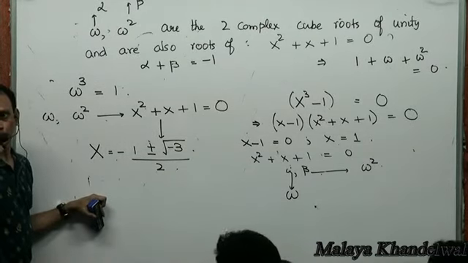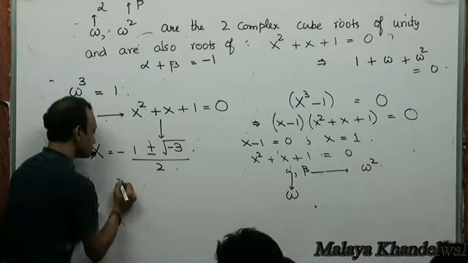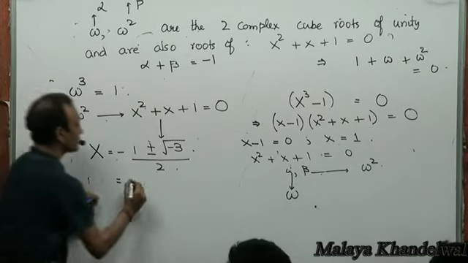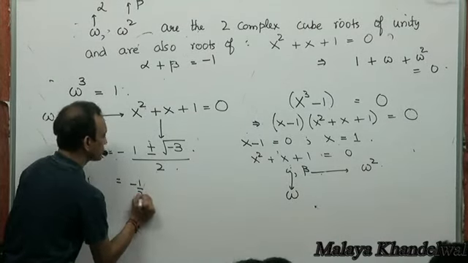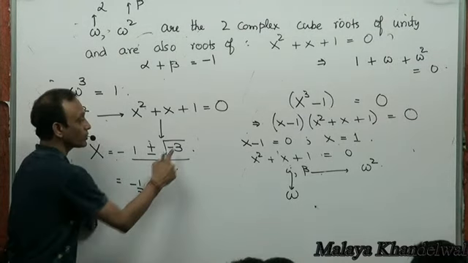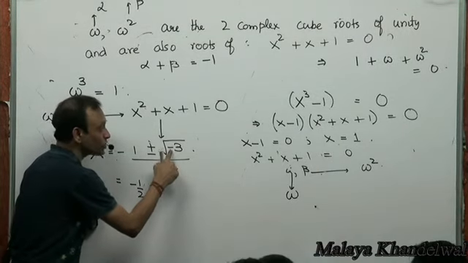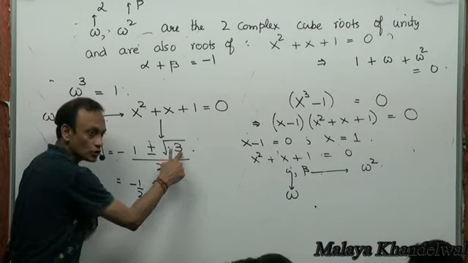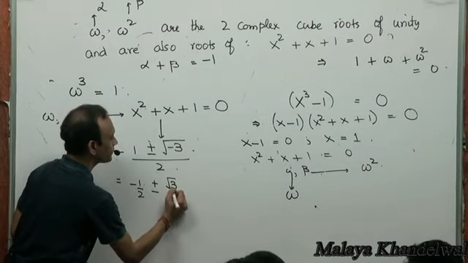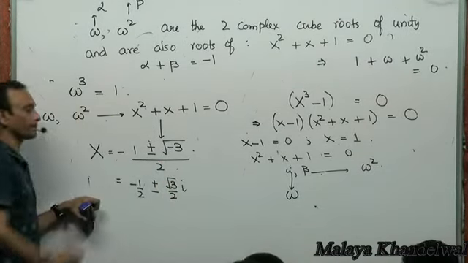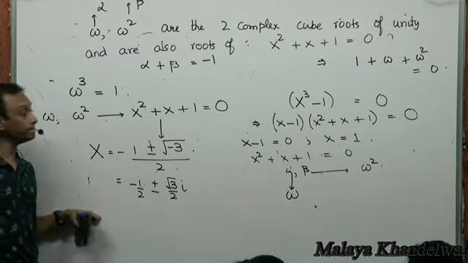Yes or no? This is minus half plus minus, root of minus 3, because root of minus 1 is i, so this is root 3 i. Yes or no?